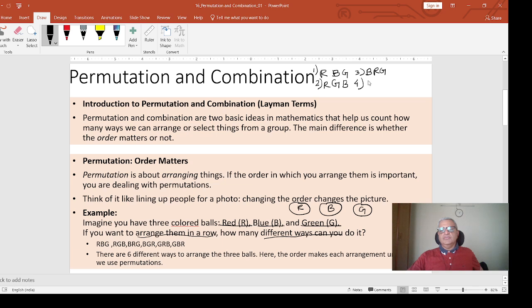Fourth, blue first, green second, red third. Then green first, red second, blue third, and the sixth way is green first, blue second, and red third. So there are six different ways in which you can arrange these three balls in a row.